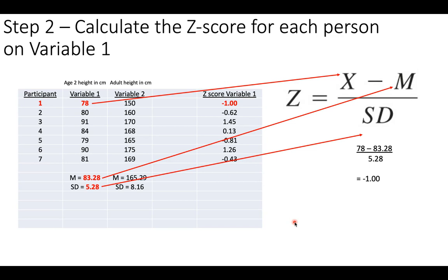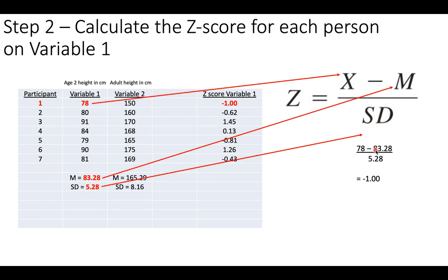So here, for participant 1, we're going to take 78 and put that as our x. We're going to take that variable mean, 83.28, put it as our m. We're going to take our variable 1 standard deviation, 5.28, put it as our denominator down here.